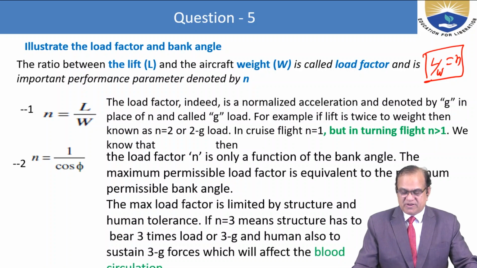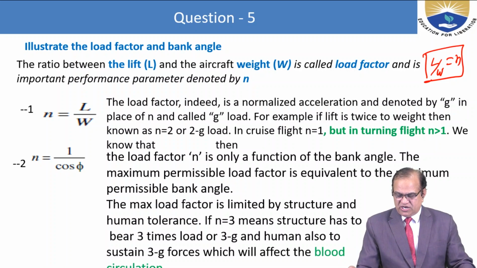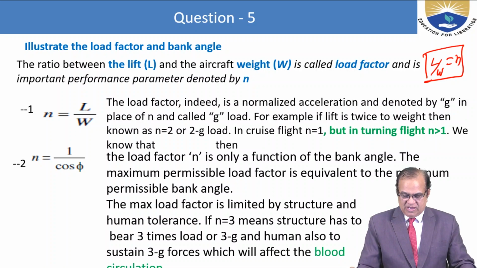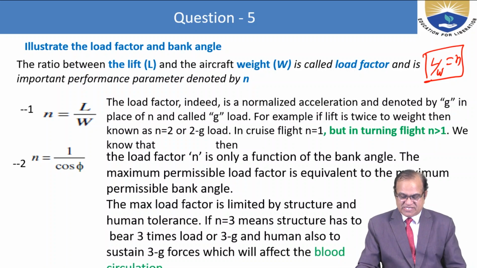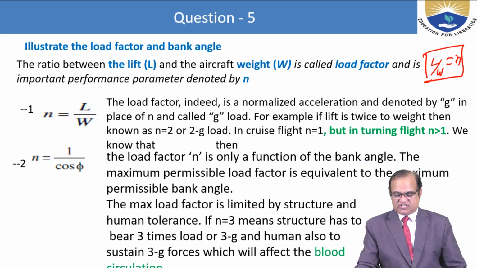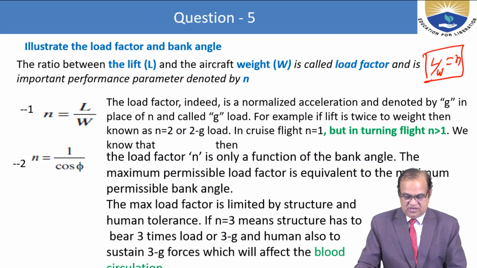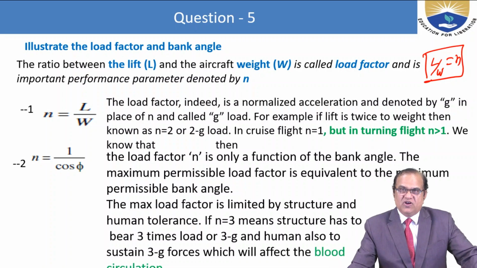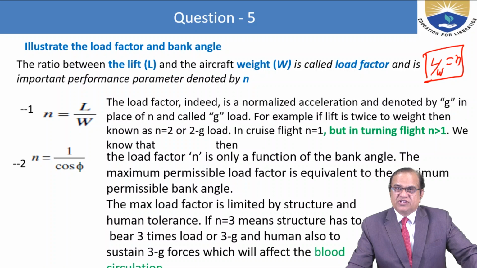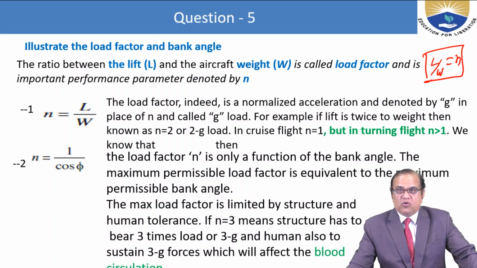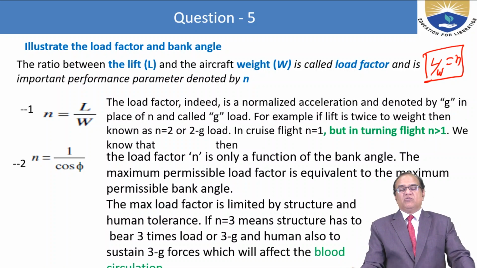The maximum permissible load factor is equivalent to the maximum permissible bank angle. The maximum load is limited by structure and human tolerance. If load factor N is equal to 3, it means the structure has to bear 3 times the load, or 3G, and the human also has to sustain 3G force, which will affect the blood circulation of the human body.